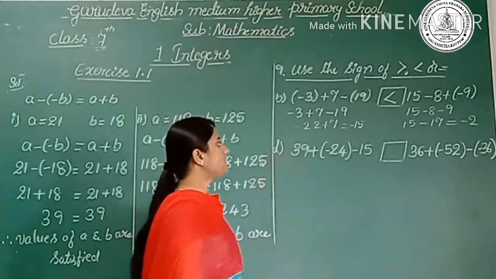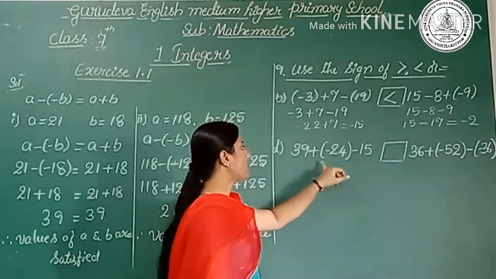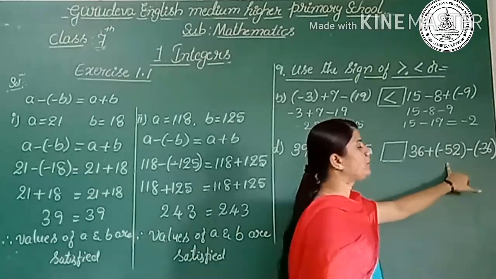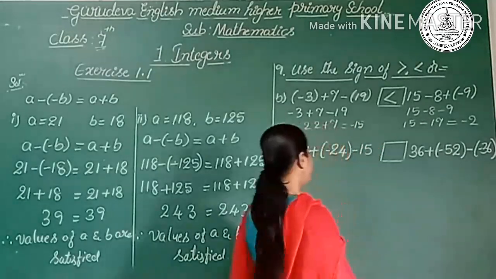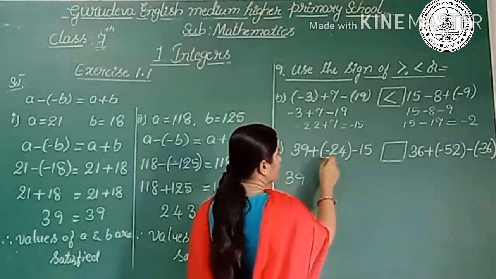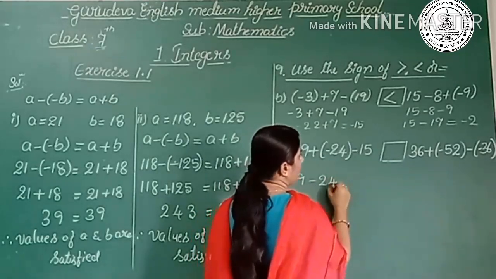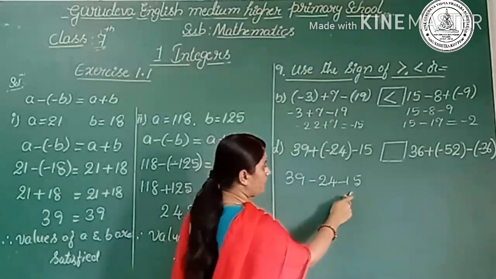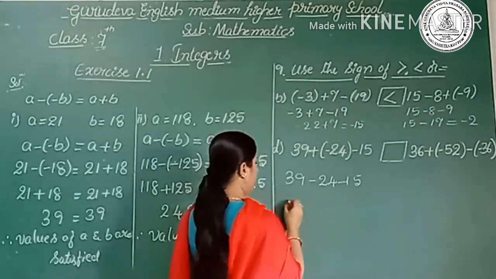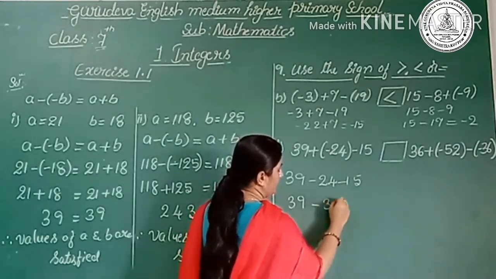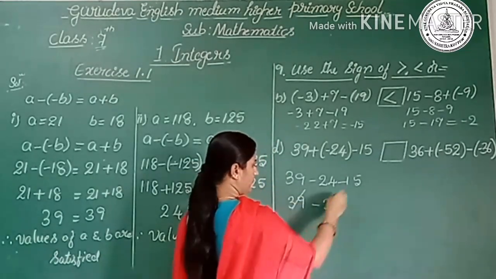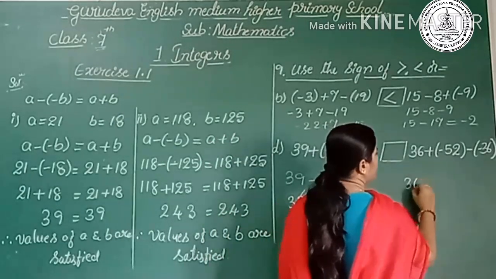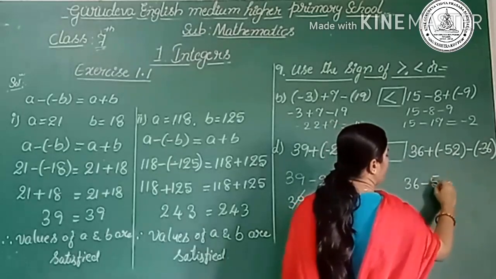Okay. Then let's see the fourth one: 39 plus minus 24 minus 15 and 36 plus minus 52 minus of minus 36. Let's check here. 39 plus minus 24 minus 15. Then minus 24 minus 15 is minus 39, right? So 39 minus 39, plus 39 and minus 39 get cancelled. We will get 0. And let's see here, 36 plus minus 52.